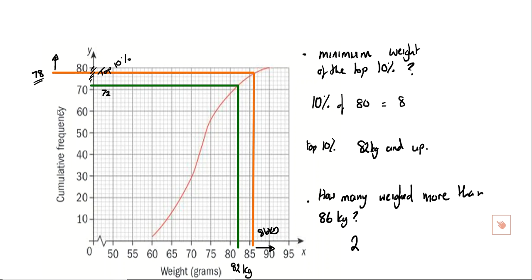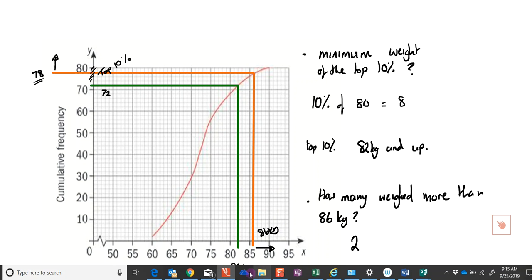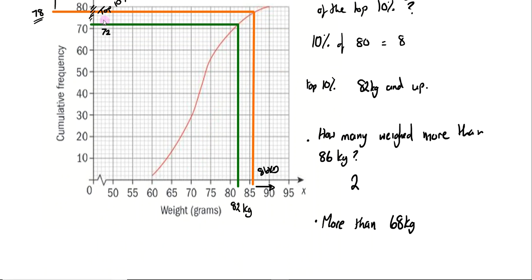So if I said to you then, how many weighed more than 68 kilograms? Let's have a look. More than 68. So what we're looking for is, we go to 68. So 66, 67, 68.